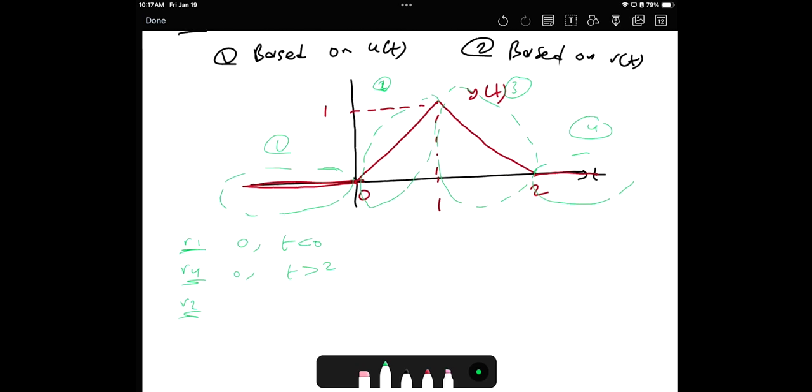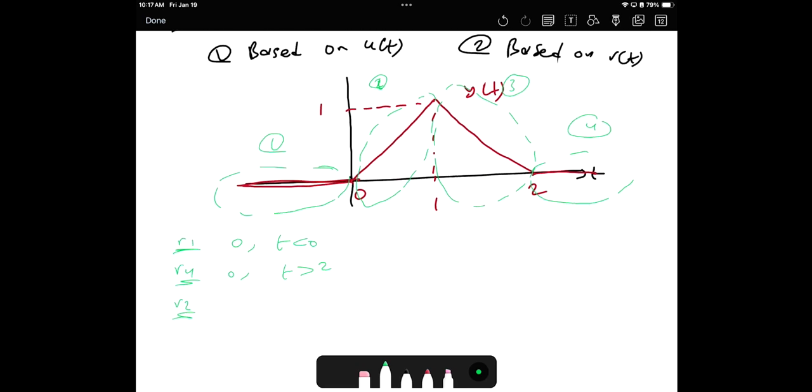Let me write some formulas to remind you. Slope equals y of t1 minus y of t0 over t1 minus t0. And the linear equation, y of t minus y of t0 equals the slope times t minus t0. This is from mathematics, how to find the linear equation or the slope.